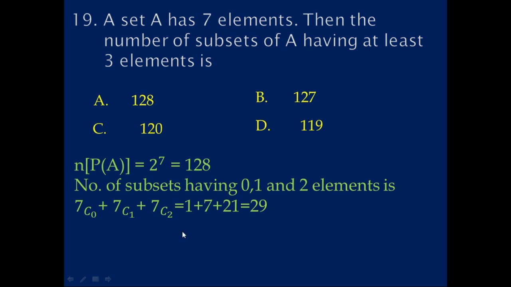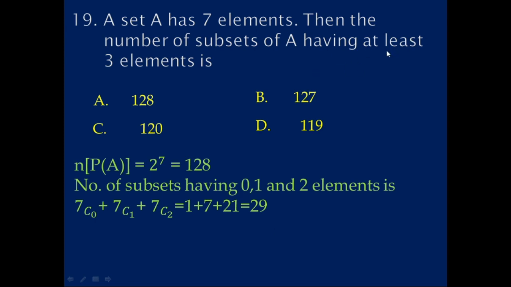Its value is 7C0 equal to 1, 7C1 equal to 7 and 7C2 you know that its value is 21. Therefore, total number of subsets containing at most 2 elements, 0, 1 and 2, its value is equal to 29.